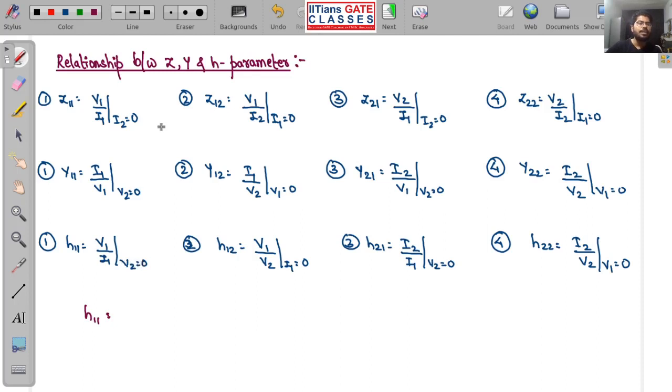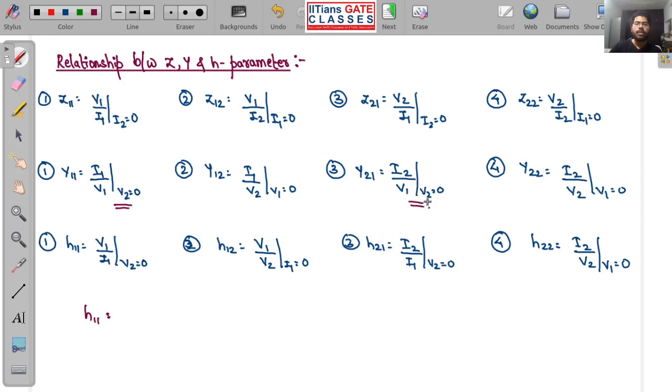In Z parameters it is open circuit, and in Y parameters it is short circuit. So I will be searching in the Y parameters where V2 is equal to 0. So H11 is V1 by I1. Here V2 is equal to 0 in this position and in this position, but it is V1 by I1.